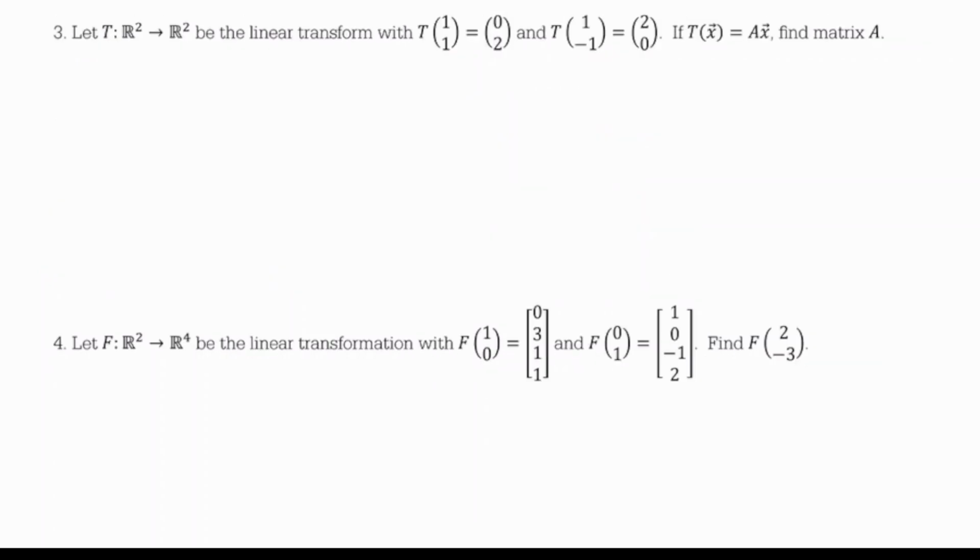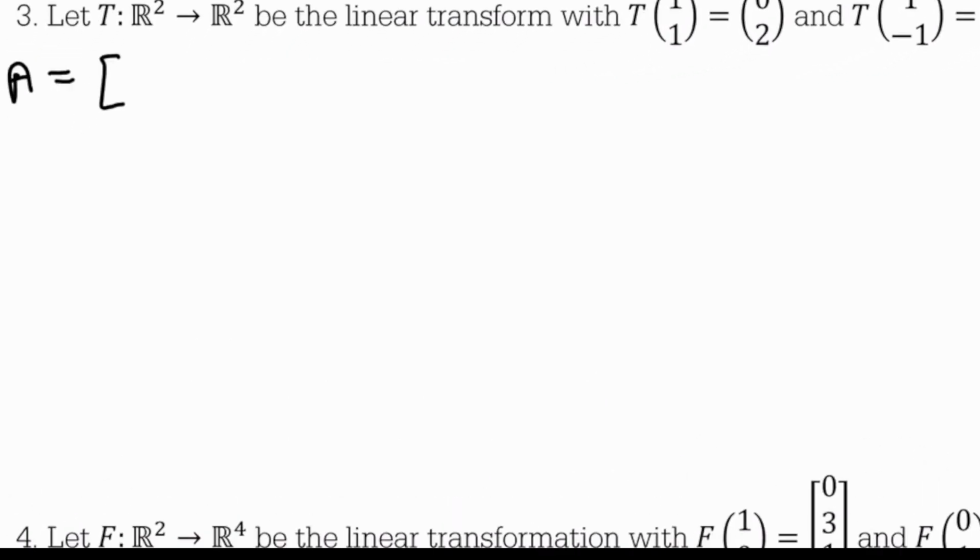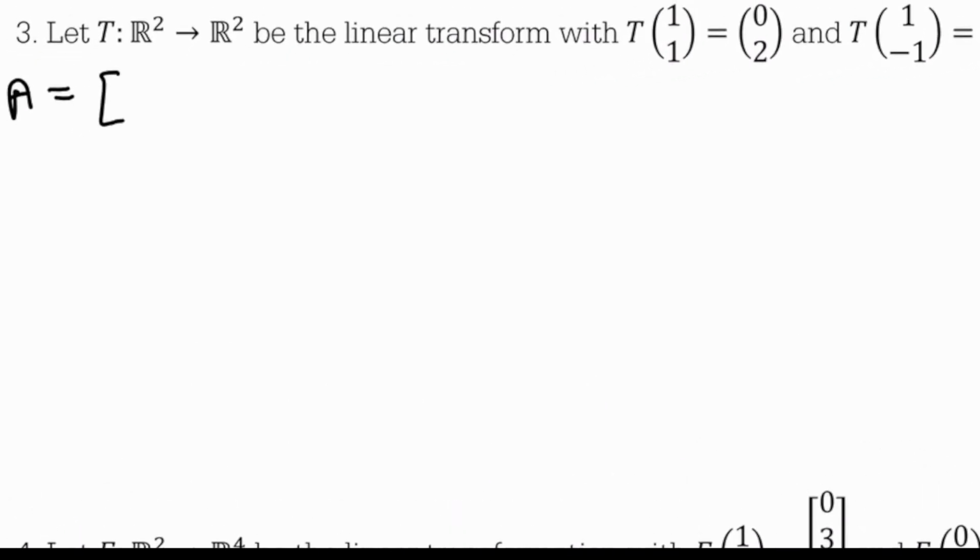Now this next one, there's a variety of ways to do it. I guess there's probably a variety of ways to do all of these, but this one I can really see how you could do some other way. I'm going to keep on the same theme and see that the matrix A is just going to be made up of T of i and T of j.